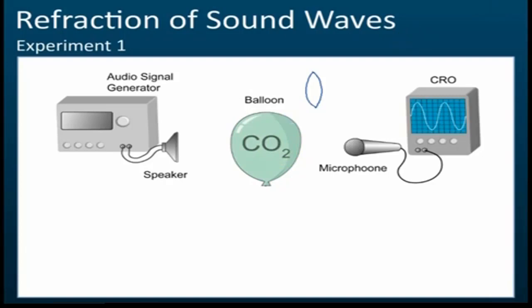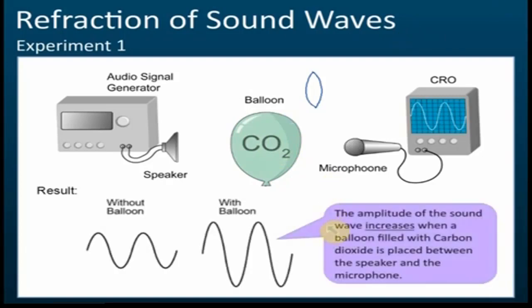And the result, we found that with the balloons, the amplitude of the sound increases compared to without balloons. If there's no balloons, this is the result. With the presence of the balloons filled with carbon dioxide gas, the amplitude increases.